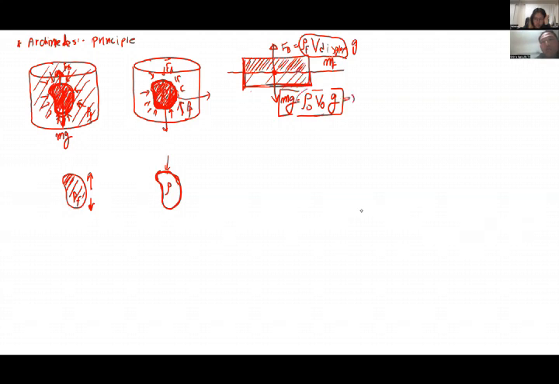That can be expressed with rho naught, the density of this object, times the volume of the whole object, times the gravitational constant g. So m is the same as rho naught times V naught.